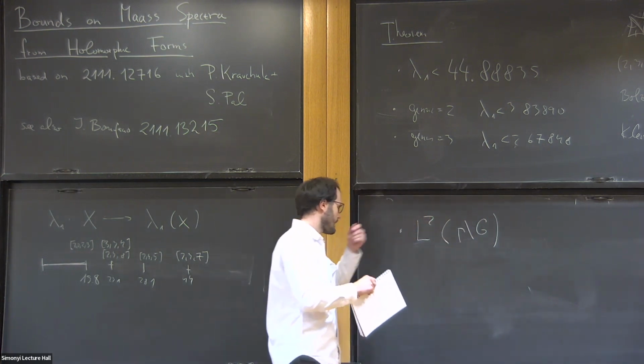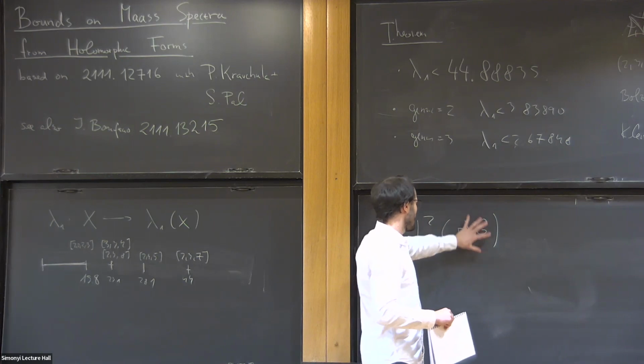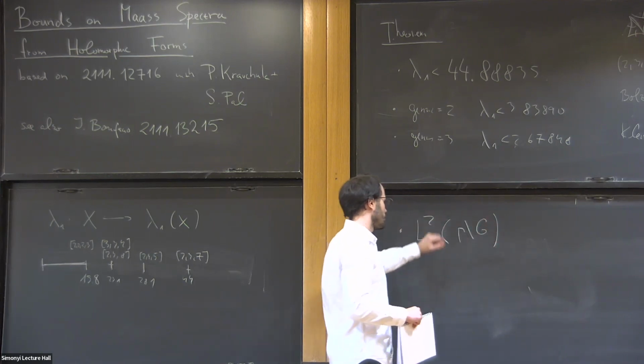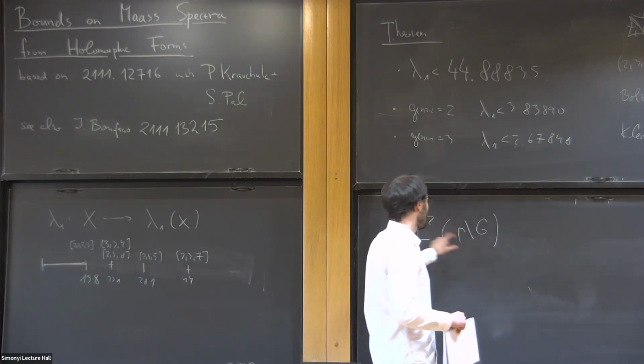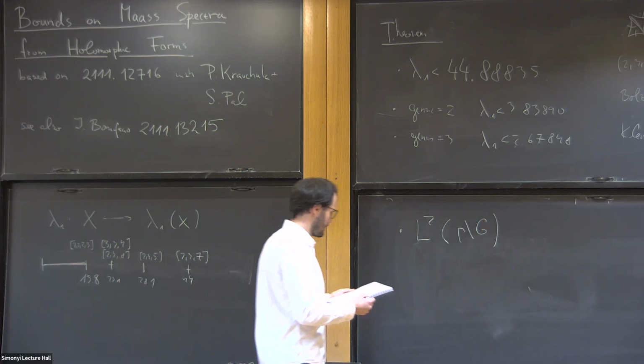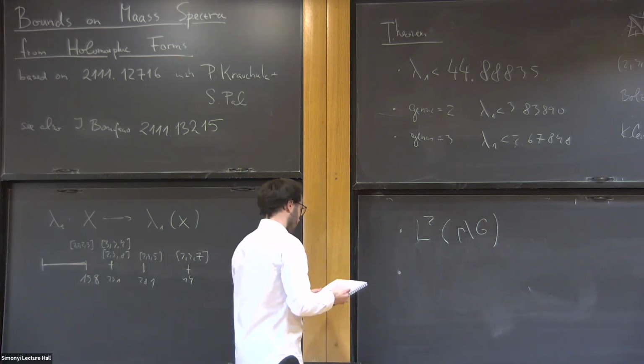Okay, so here's a sketch of the method. First, you look at this space. It's a nice automorphic space that has a G action by right multiplication, and the spectral problem on the orbifold just corresponds to decomposing this into unitary irreducible representations. So that's how you translate everything into representation theory.